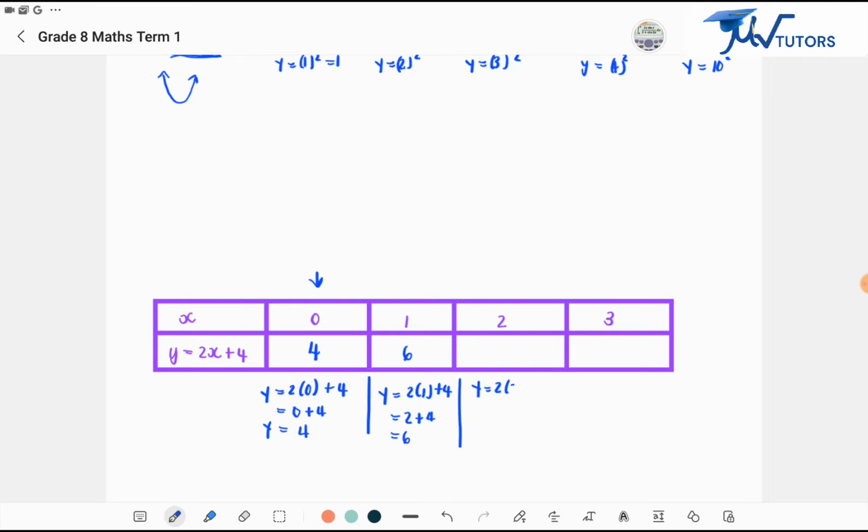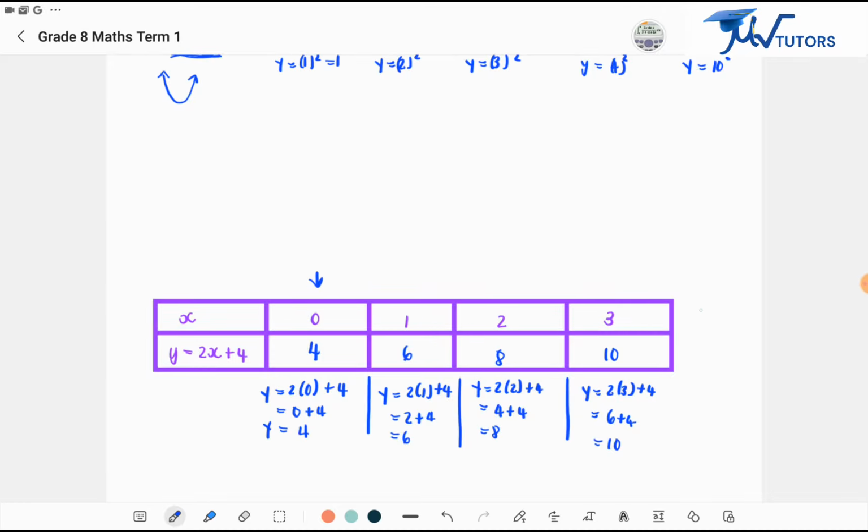Alright, so 2 times 2 plus 4, so 2 times 2 is 4, plus 4, and that's 8. Again, in the place of x, what are we going to put? We're going to put 3. And then let's go and multiply. 2 times 3 is 6, plus 4 is basically 10. Okay, that is basically how you handle having a table.